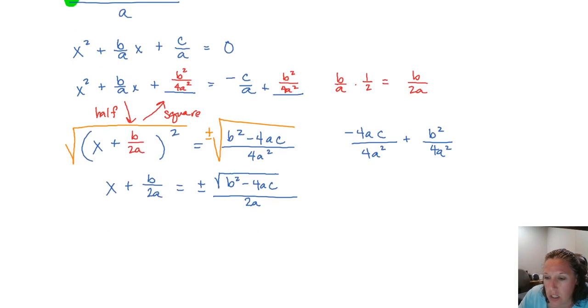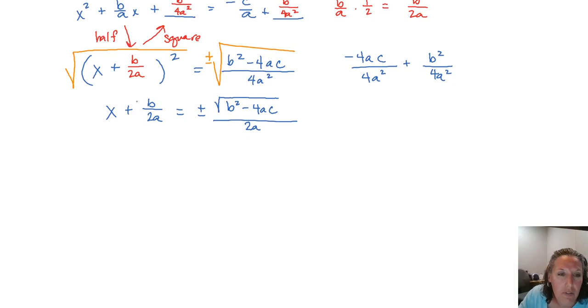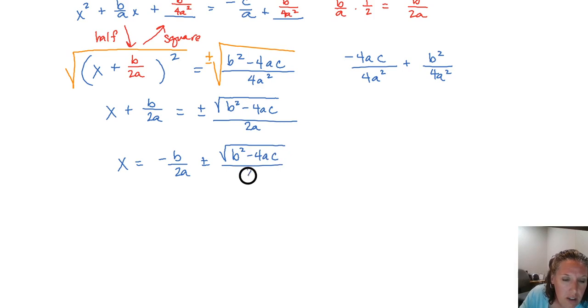The square root of 4a squared is 2a. And then we can move our b over 2a to the other side by subtracting it. So minus b over 2a, and then plus or minus the square root of b squared minus 4ac all over 2a.